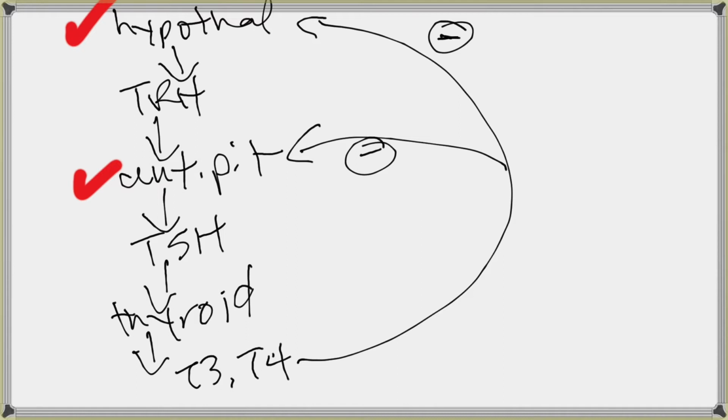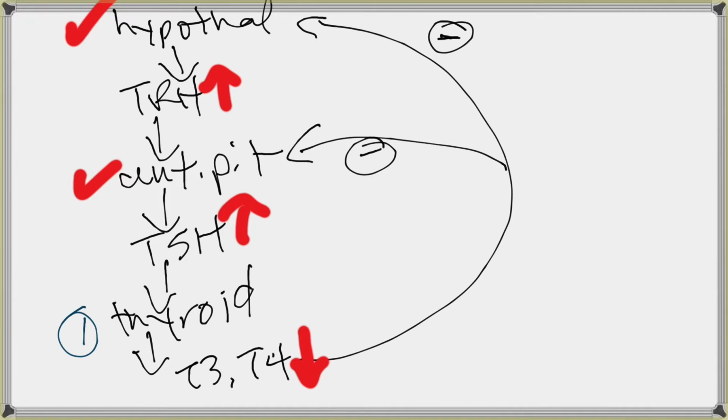What would happen is you would end up with plenty of TRH, plenty of TSH, and low levels of T3 and T4. Actually, it would start out normal and end up going high, and I'll tell you why in just a second. And this would be low. What that tells us is that the problem is occurring at the thyroid.